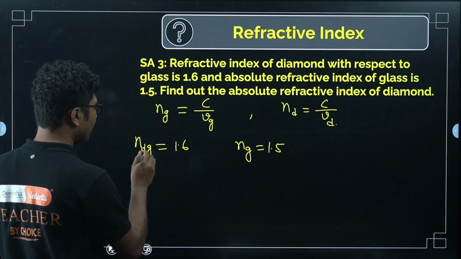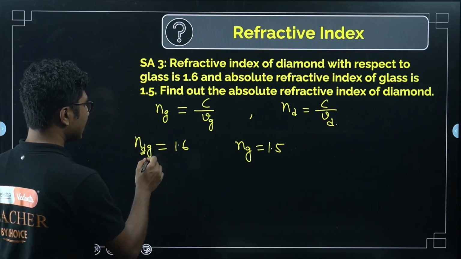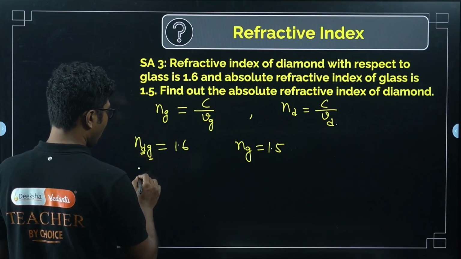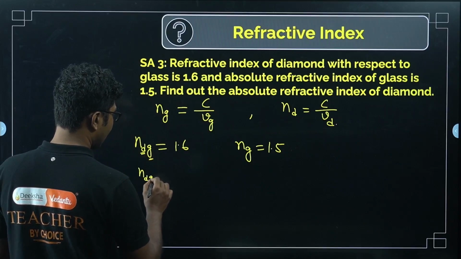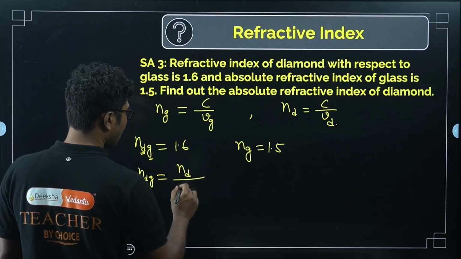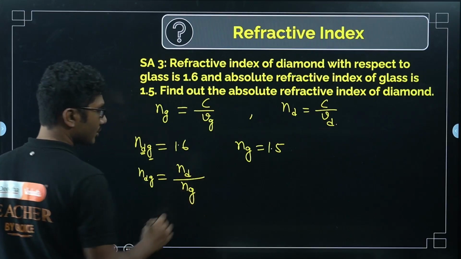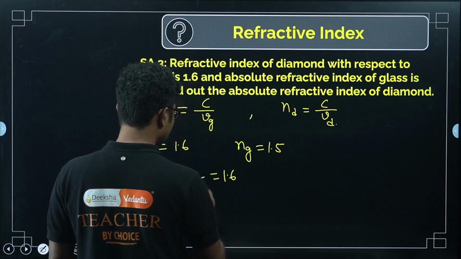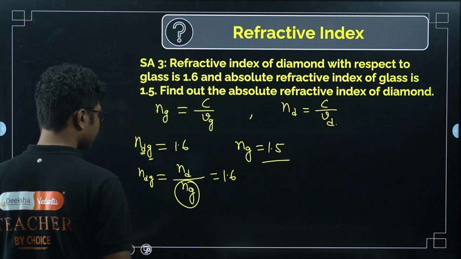First is the medium for which we are calculating, and second is with respect to what it is being calculated. Now we already know one formula. NdG is basically refractive index of diamond divided by refractive index of glass. Now that is given as 1.6, right? Now Ng is also given 1.5.